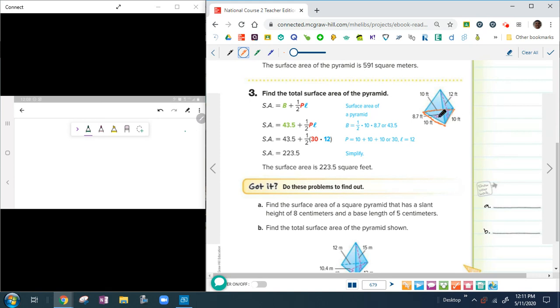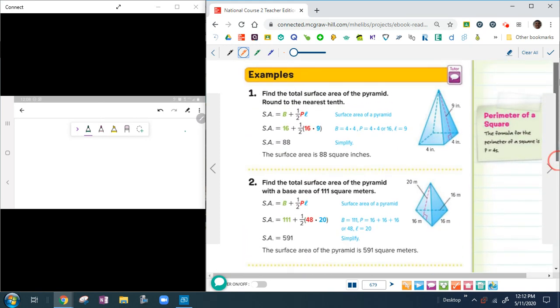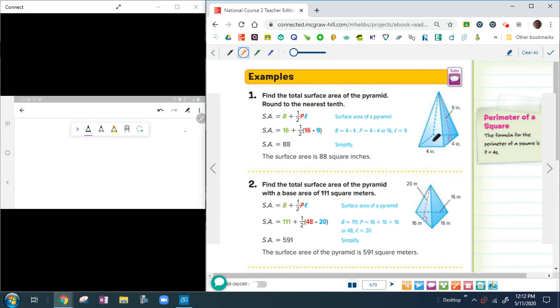All right. I see a right angle on the base. So now when I am finding the area of the base, I know that it's a triangular base. So I need a different formula than what I used up here for the area of the base, right?